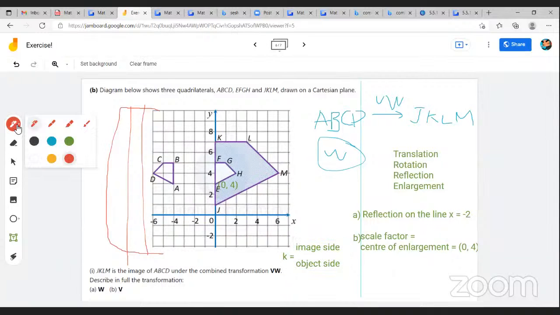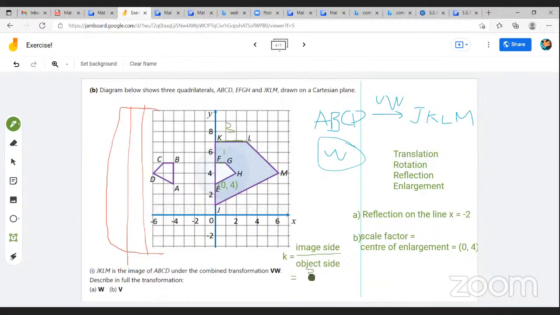So let's take one of the image sides. The line KL is similar to which line? FG, correct. KL is how many units? 3. Good. FG? 1. Good.